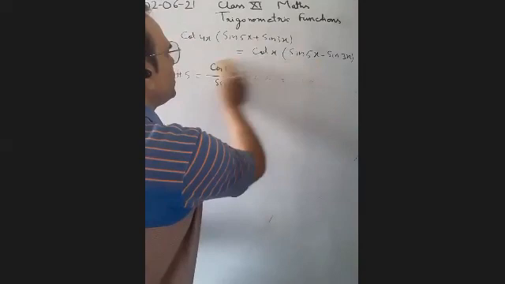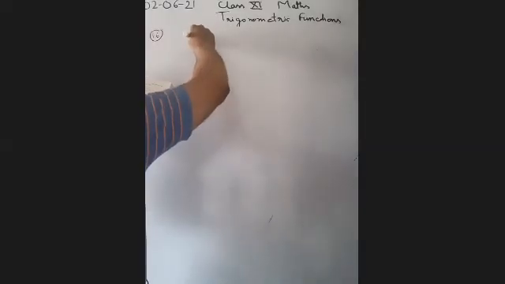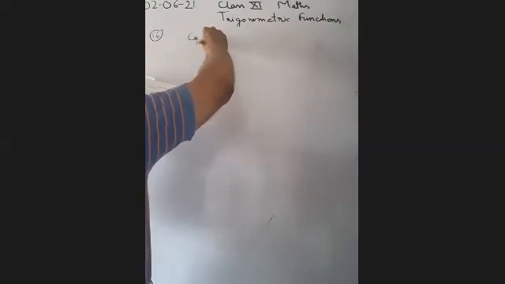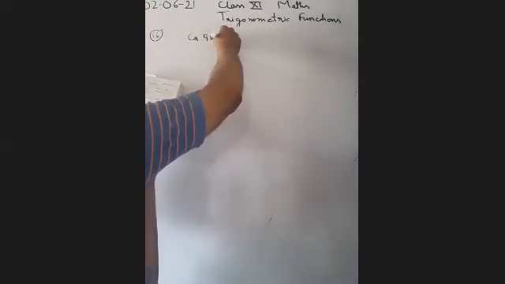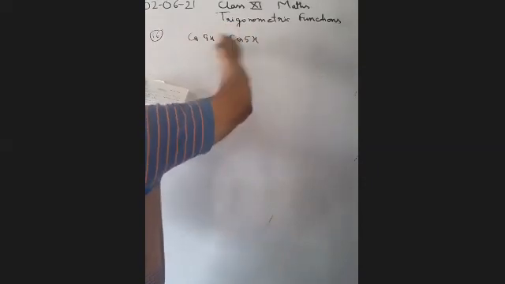Now question number 16 to 21. All the questions are the same. Just try to understand this one. If you understand this one, the remaining questions you can do yourself also.